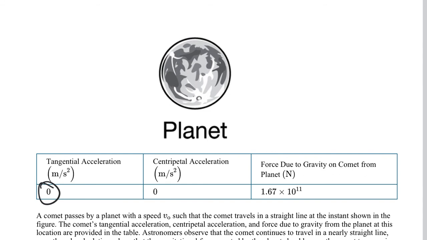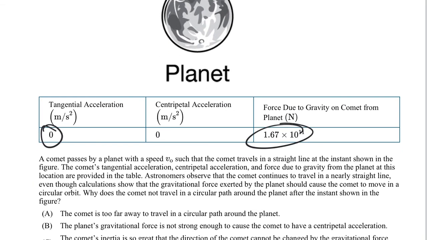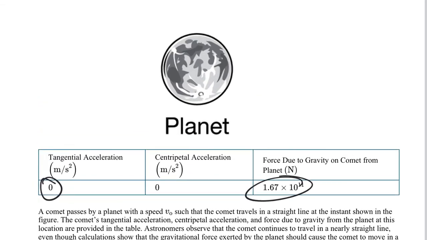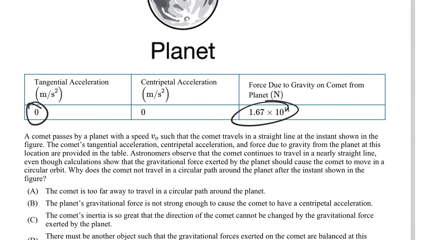Centripetal acceleration is going to be non-existent. Force due to gravity on the comet is going to be this much. So a comet is passing by a planet with such speed that the comet travels in a straight line at the instant shown. The tangential acceleration, it's all shown in the table.